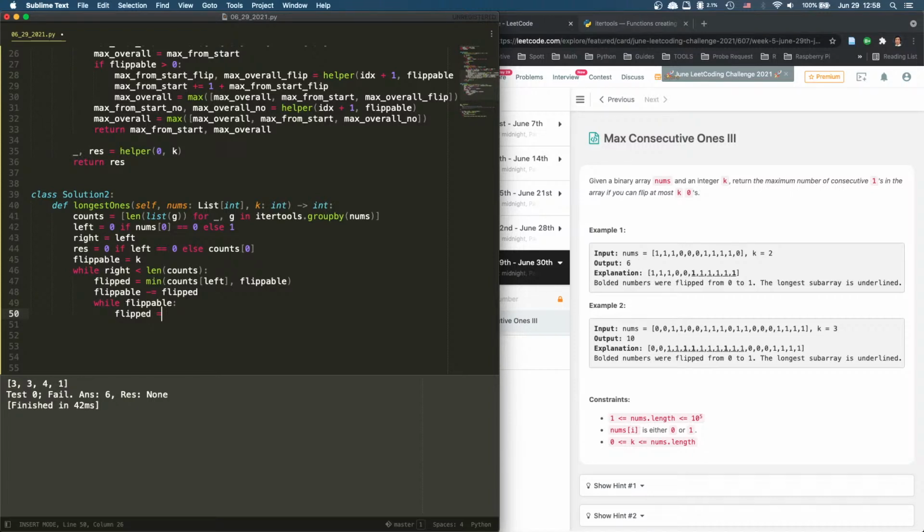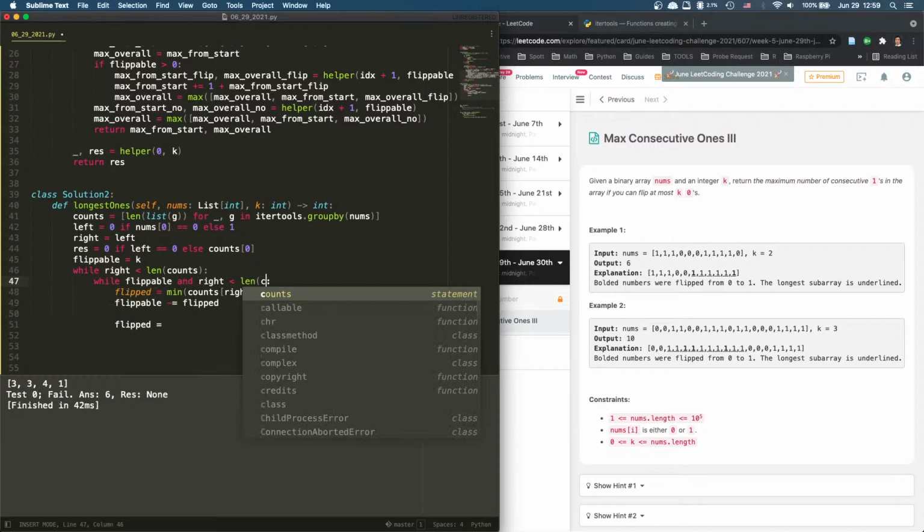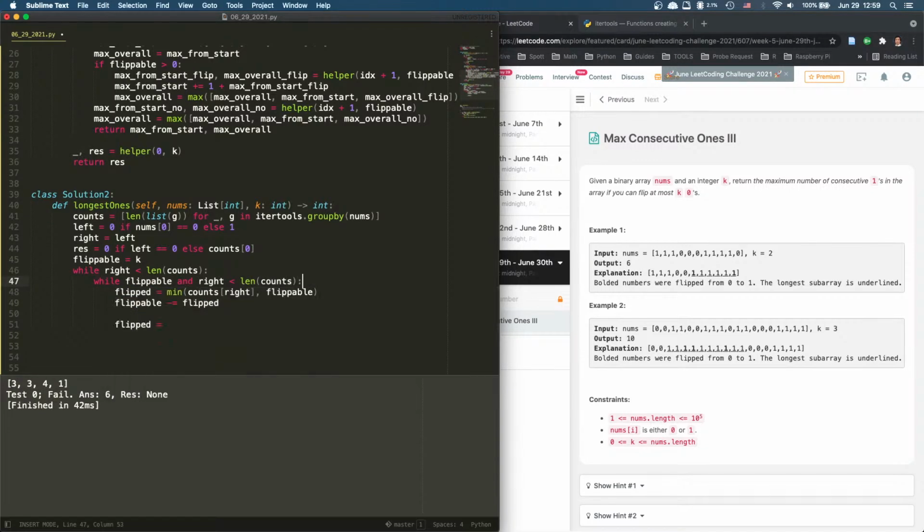so I think I can say while flippable, flipped equals min, right? And flippable. While flippable and right smaller than len counts, and keep going. Minimum this, flippable equals this, right?